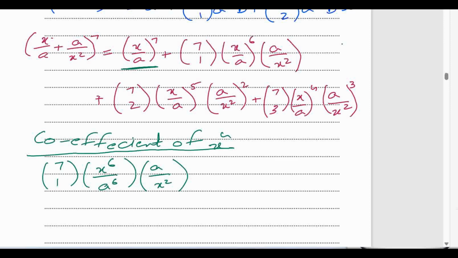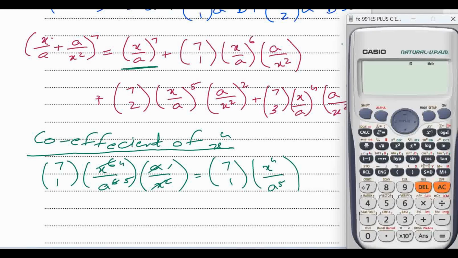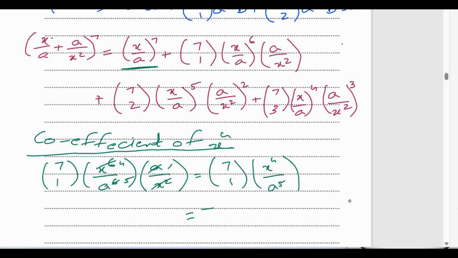Now we can cancel out these: x squared with x^6, this will become x^4, and then a with a^6, so this will become a^5. So overall this will be 7C1 x^4 by a^5. Now 7C1 is 7. So finally we can say 7a^(-5) x^4.